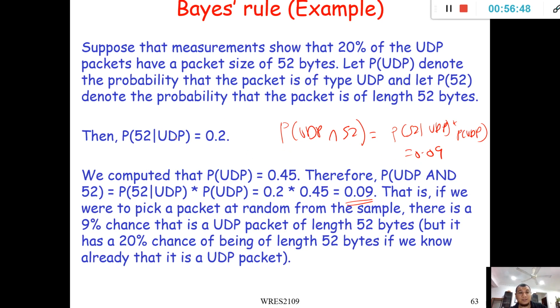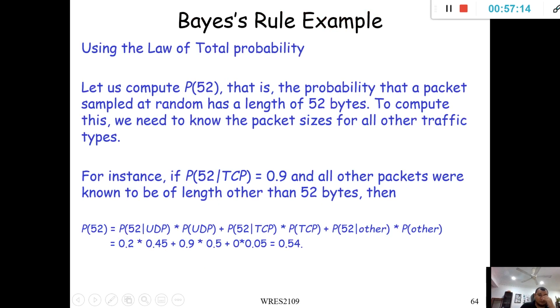If we know that it is a UDP packet, the probability that the length of the packet is 52 is 0.2. But if you randomly pick a packet, the probability of it being UDP and also 52 bytes in length is 0.09.